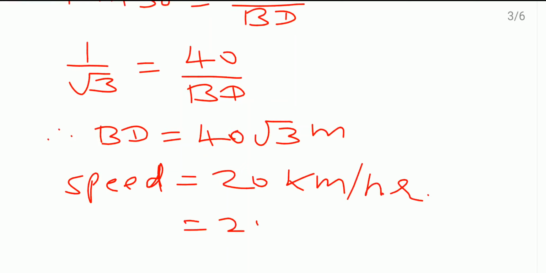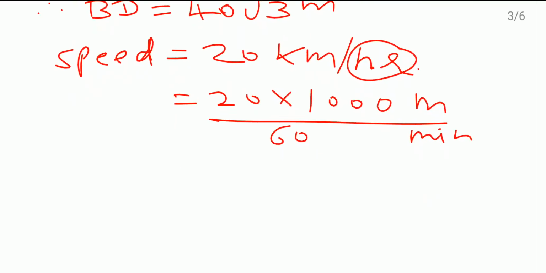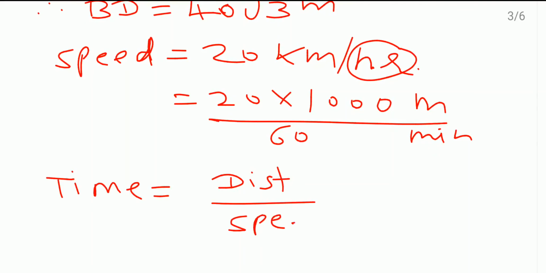Now this 20 kilometer, I'll convert into meter. So 1 kilometer means 1000 meter, and this hour I'll convert into minutes, so 60 minutes, right? So we got the speed here. Now for the time taken, the formula of time is what? Time is equal to distance divided by the speed, right?